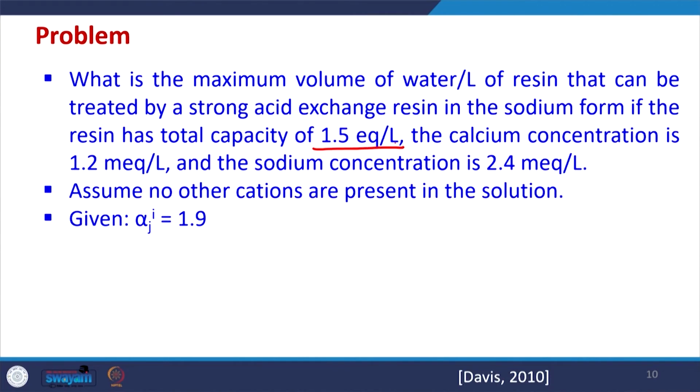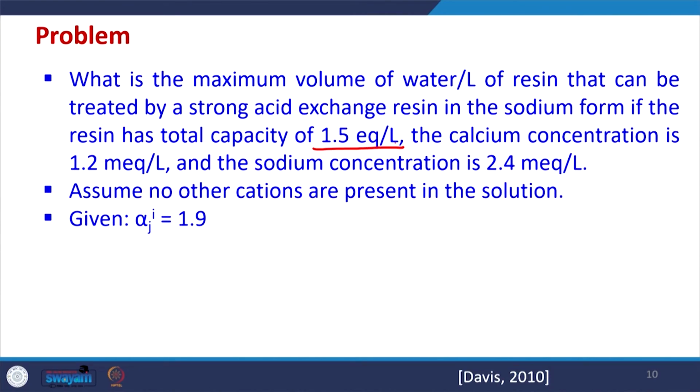Now, let us solve one problem to understand the use of this expression. The question is: what is the maximum volume of water per liter of resin that can be treated by a strong acid exchange resin in the sodium form, if the resin has a total capacity of 1.5 equivalent per liter?